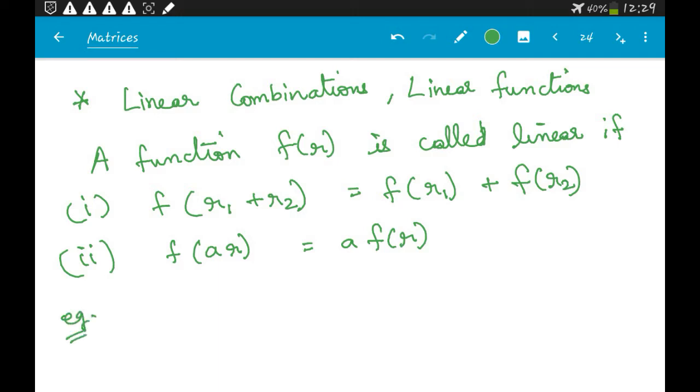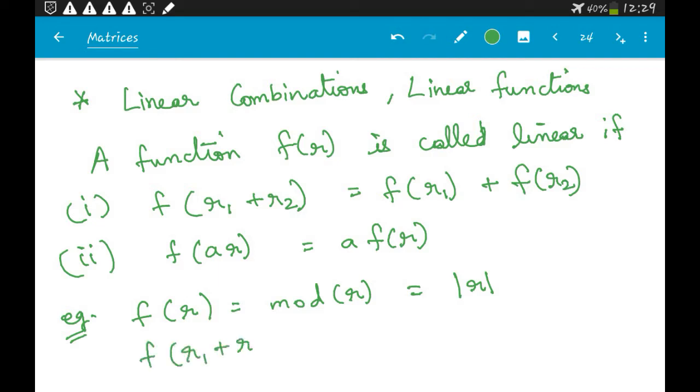If you consider f of r to be mod r, which is the absolute value of r, then what would f of r1 plus r2 be?